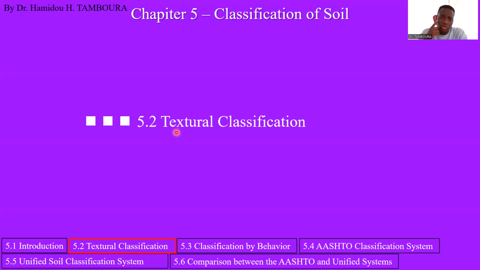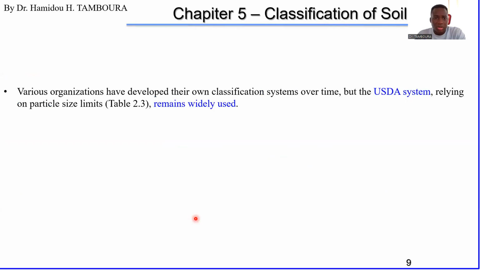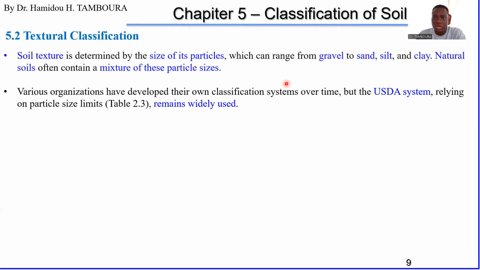Now point number 2, the textural classification system. The soil texture is determined by the size of its particles, which can range from gravel, sand, silt, to clay.